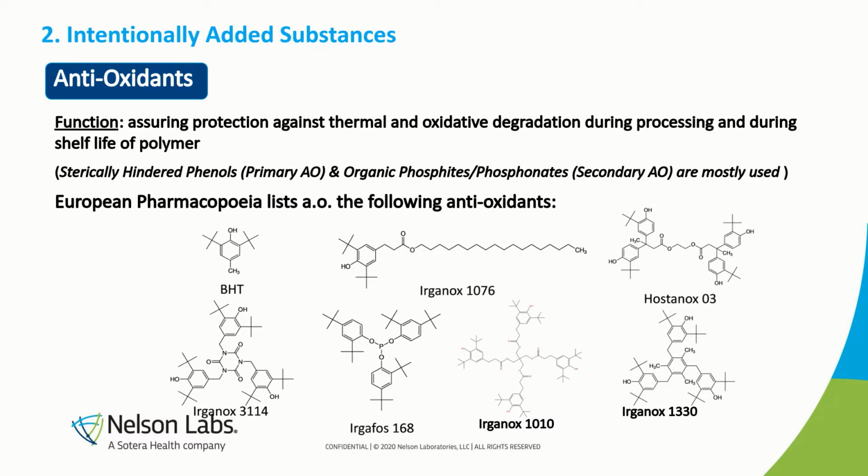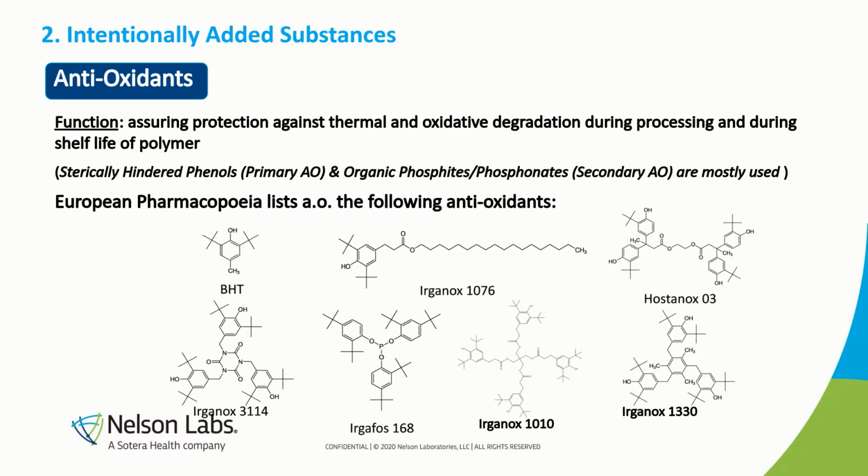And these compounds protect the polymer during its life cycle. Those organic phosphites and phosphonates are secondary antioxidants and are added to the polymer to protect the polymer during the processing. For instance, during the extrusion or during the blow molding or injection molding, for instance.